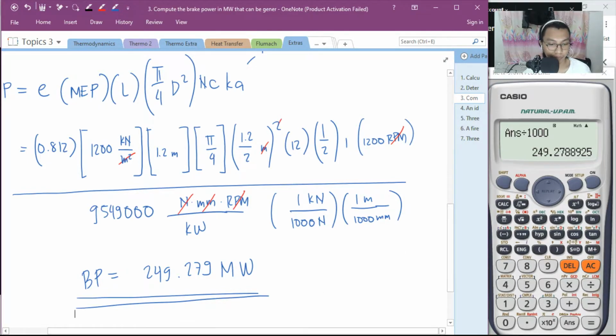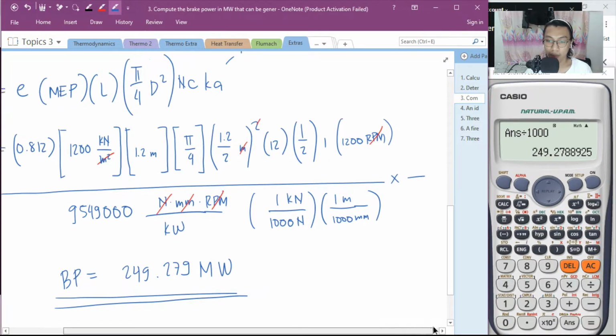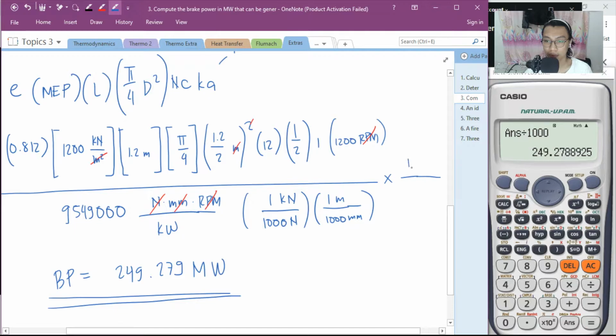Lagay natin dito para hindi ka nalilito. There are, in every 1 megawatt, 1,000 kilowatts. Cancel all the same units. Yan. So, ang natira is megawatts.